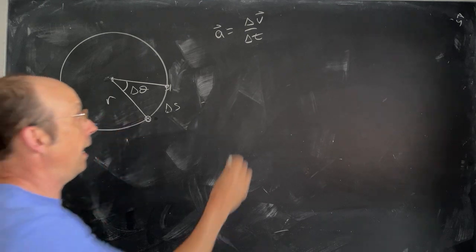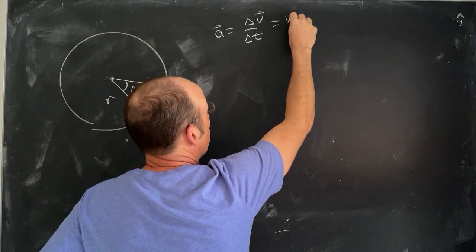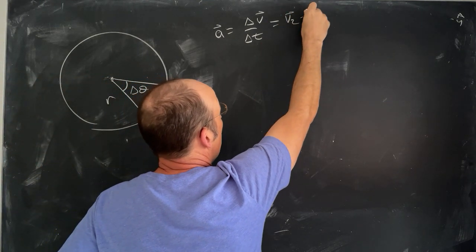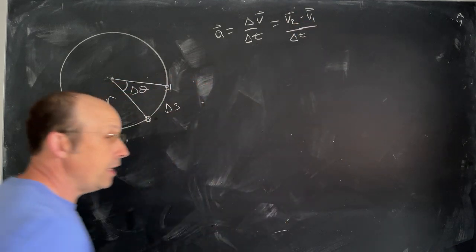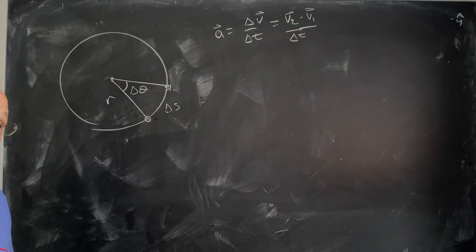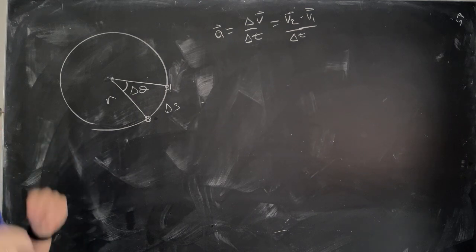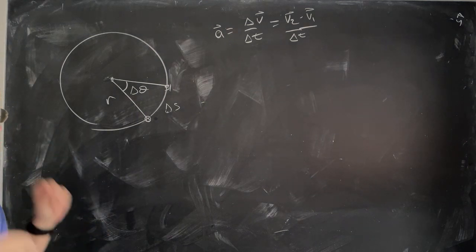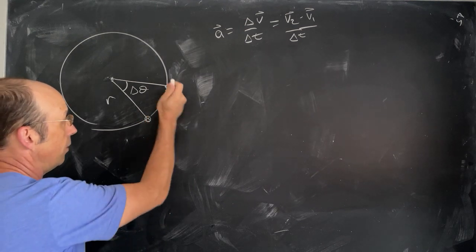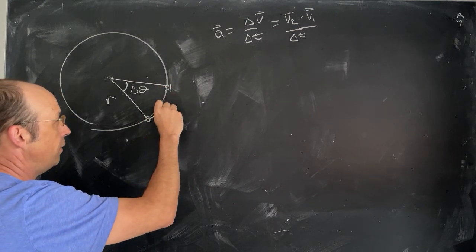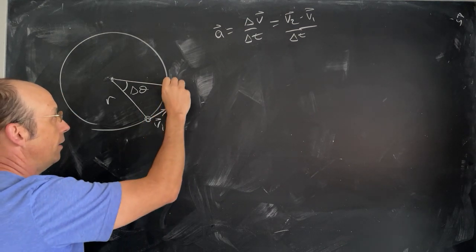So I could write that as v2 minus v1 over the change in time. So v1 and v2 are vectors. So if you change the vector velocity, you have an acceleration. And that is exactly what happens when we are moving in a circle. So imagine, here's v1 and here's v2.